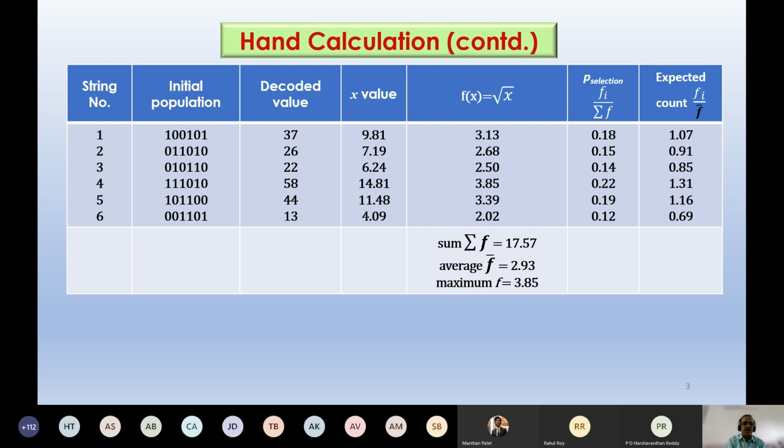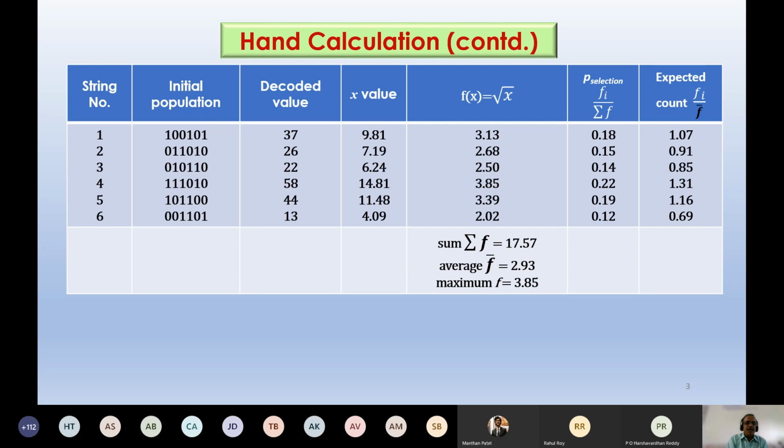Now there are 6 solutions in the population and to represent one solution, I'm using 6 bits. So what is the total number of bits? The total number of bits will be 6 multiplied by 6, that is 36. So here the initial population, which is generated at random, has got 36 bits.